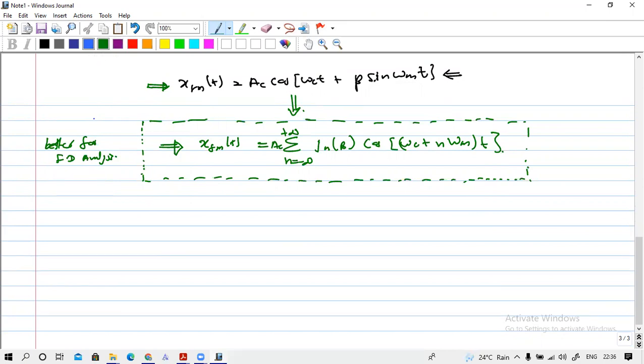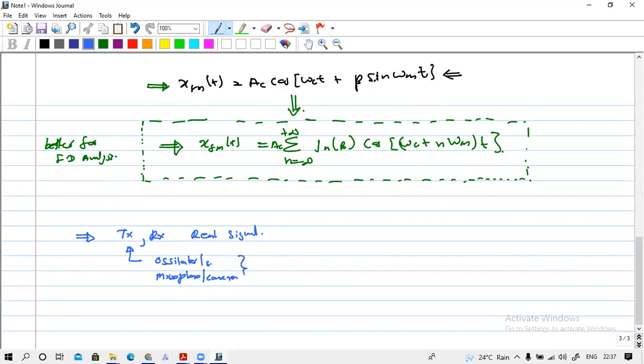Before going for the derivation, I would like to tell a few things. One thing is that any transmitter and receiver generate and receive only real signals, because normally in a transmitter the signals are generated using oscillators or devices like microphones, cameras, and so on.